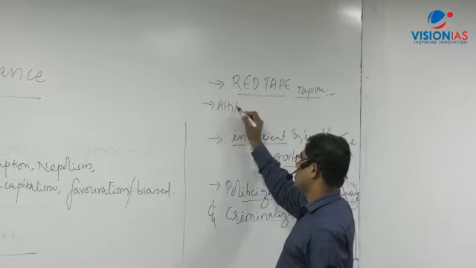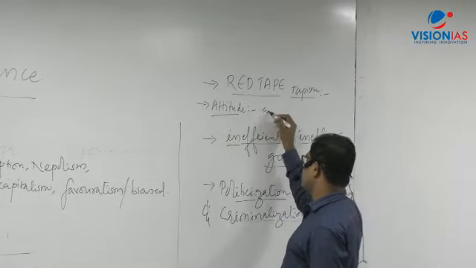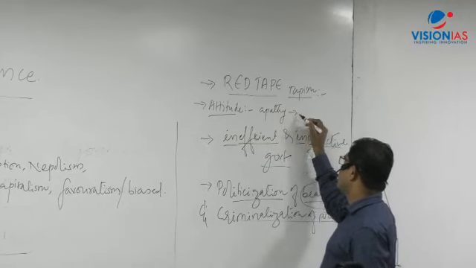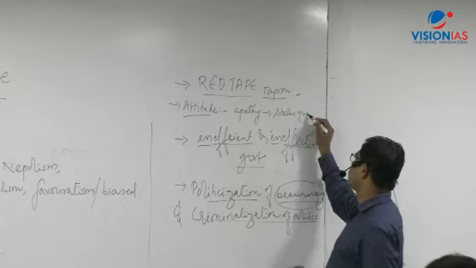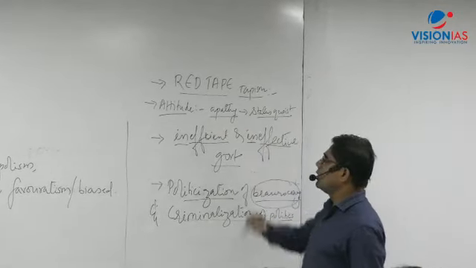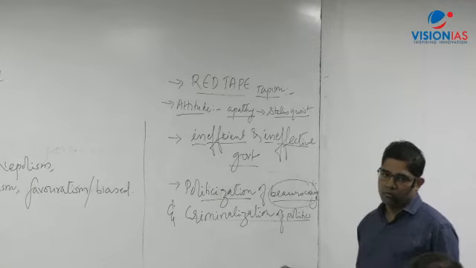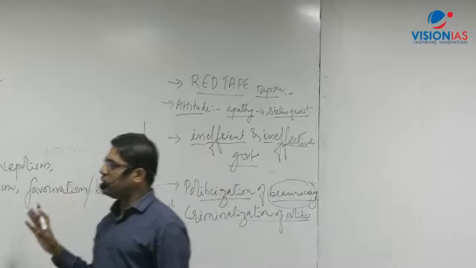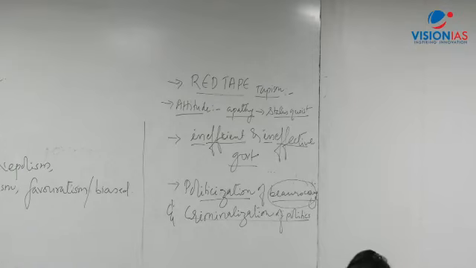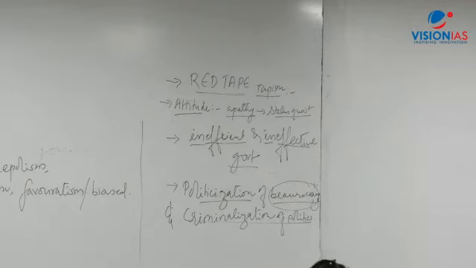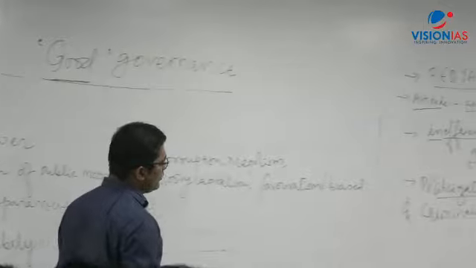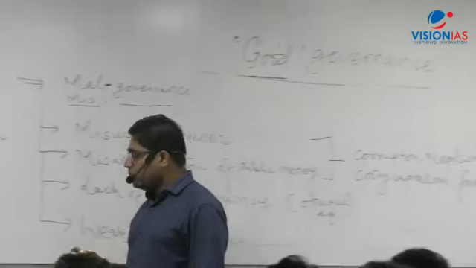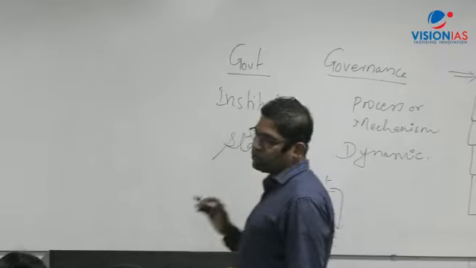There's also a problem related to attitude: apathetic attitude, which leads to a status quo attitude. So the sum total of all this is bad governance, or malgovernance. You should always remember this context, because throughout governance, these are the points which will be coming again and again. Misuse of power. In fact, minimal public participation is also one of the aspects. I hope you understood what malgovernance is.